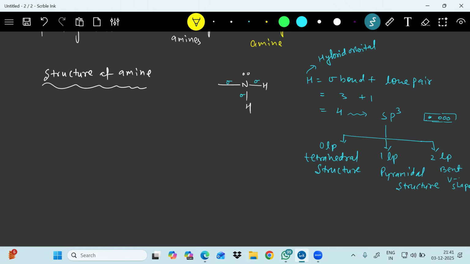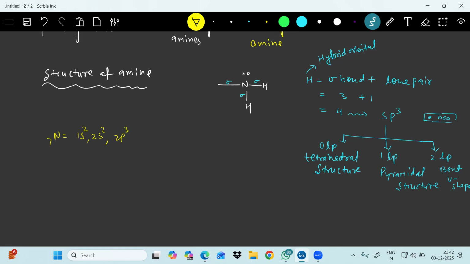Listen. You know how to write the electronic configuration? This is nitrogen, and this nitrogen has atomic number 7. This central atom is nitrogen in amines: 1s2, 2s2, and 2p3.